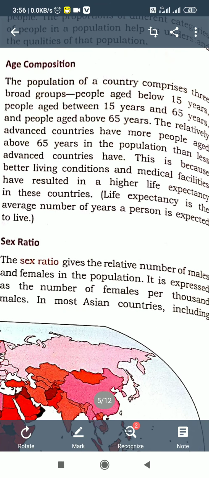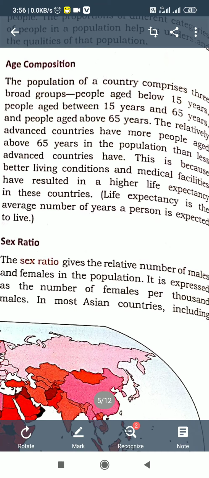Now, sex ratio. The sex ratio gives the relative number of females and males in the population. It is expressed as the number of females per thousand males. In most Asian countries, including India, there are more males than females. This is largely due to the general neglect of females throughout the continent, leading to their early death.